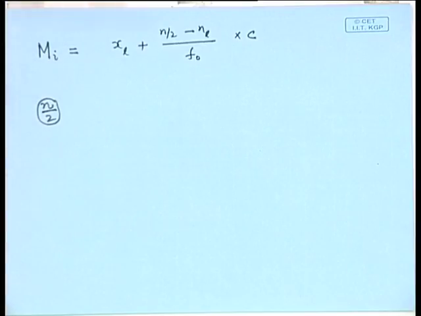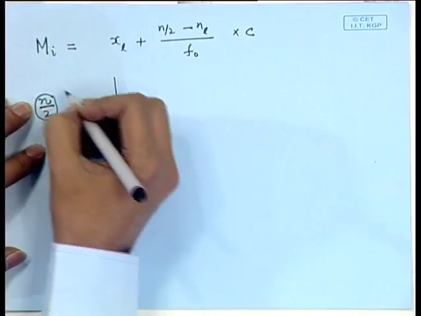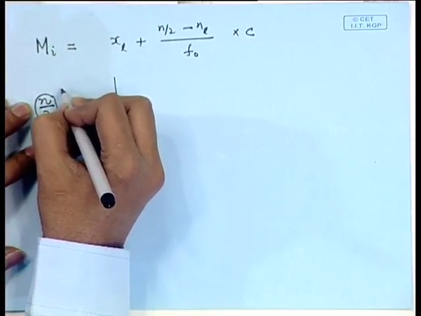So, we look at one example here. The frequency distribution is given in this form.